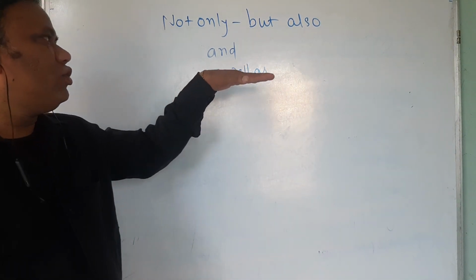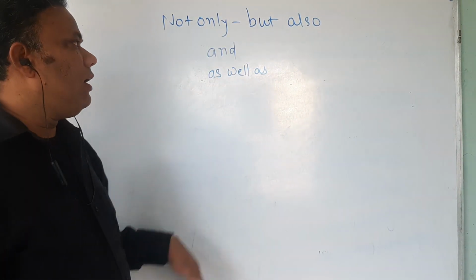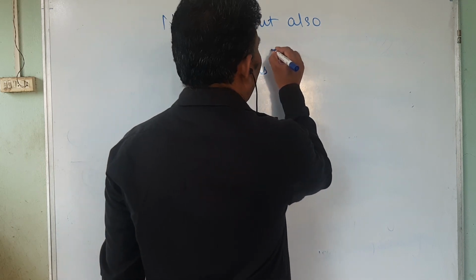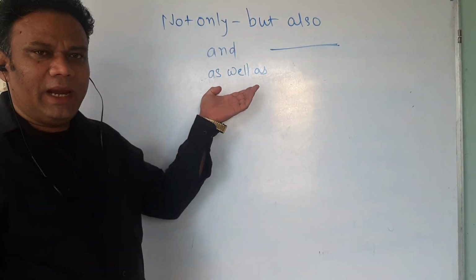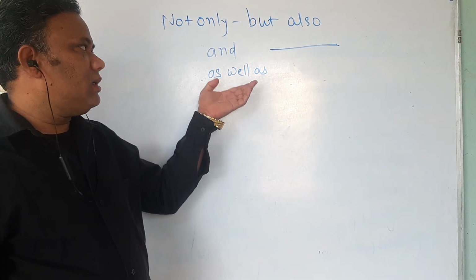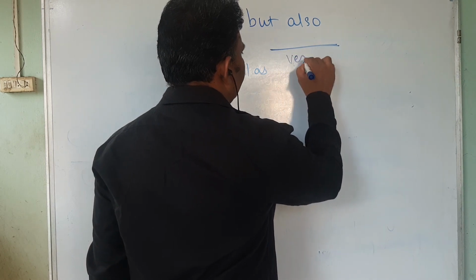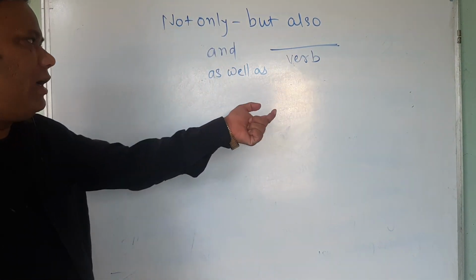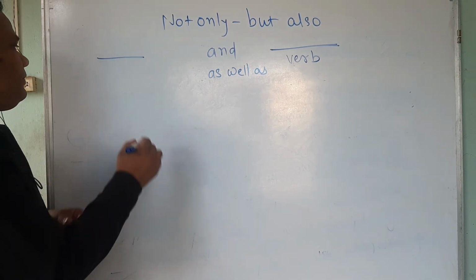So what we have to see, if "and" is there or "as well as" is there, we have to see the part of speech of the word which is given after "and" or "as well as". Suppose after "and" a verb is there, then we should find out which is the verb in the earlier part.